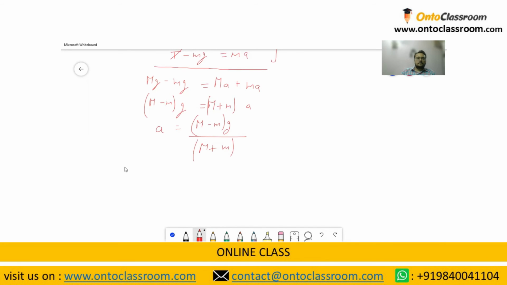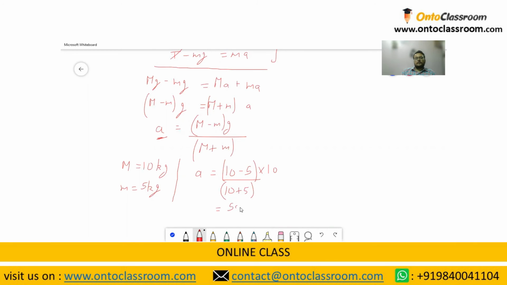Now in the question it was given capital M was 10 kg and small m was 5 kg. Putting these two values in this acceleration term, we'll get 10 minus 5, taking the value of g to be 10 meter per second square, divided by 10 plus 5.